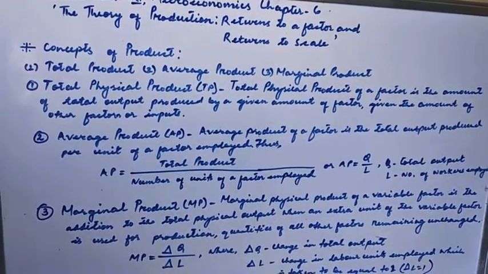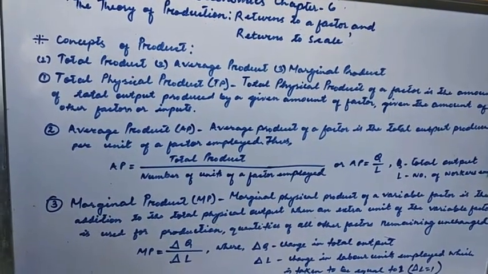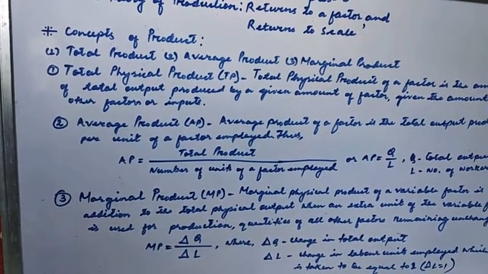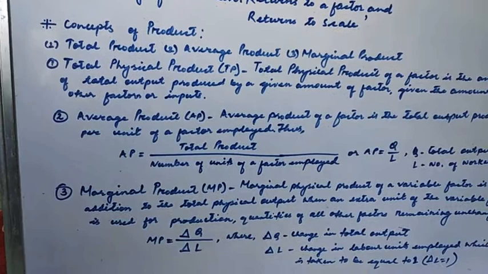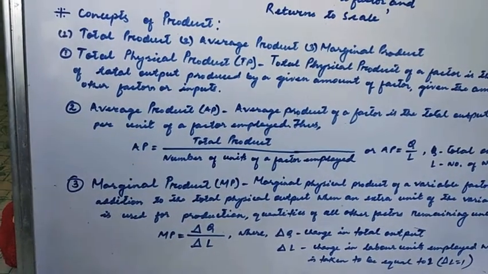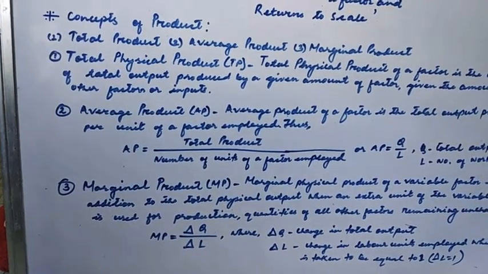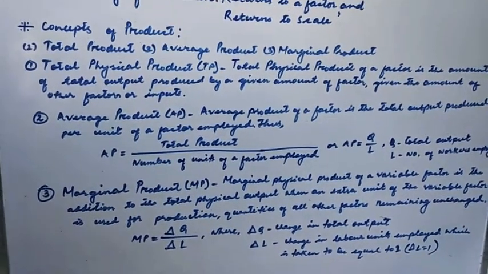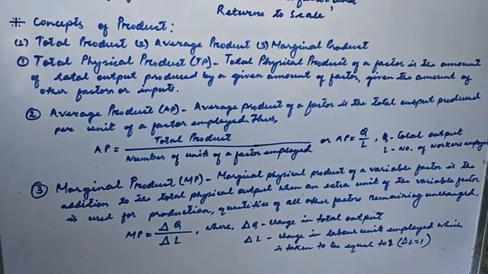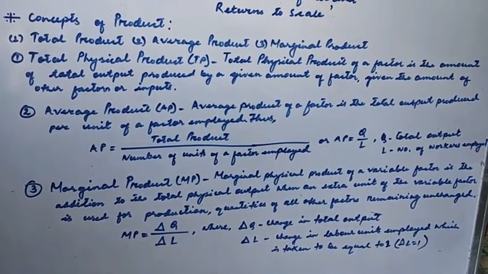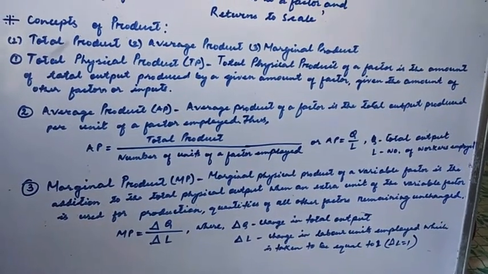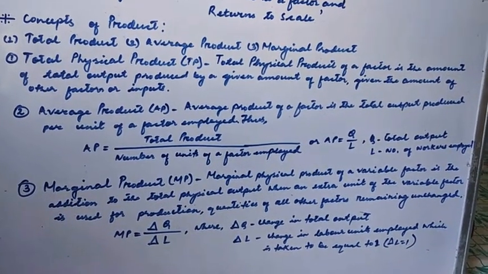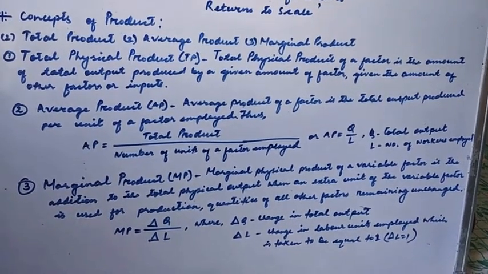So in the theory of consumer's behavior, we have studied what is total utility, what is marginal utility, and we have discussed the law of diminishing marginal utility. So in case of consumers, we are discussing about utility, how a consumer gets his or her utility while consuming particular goods and services.